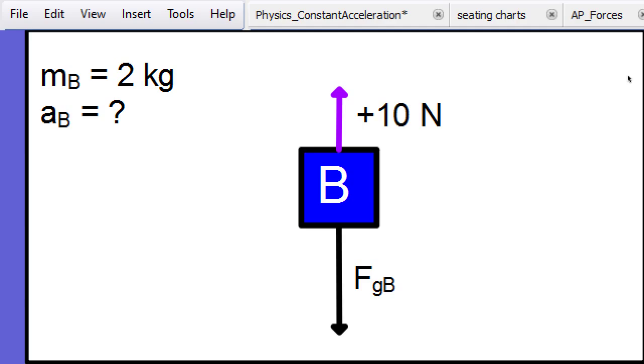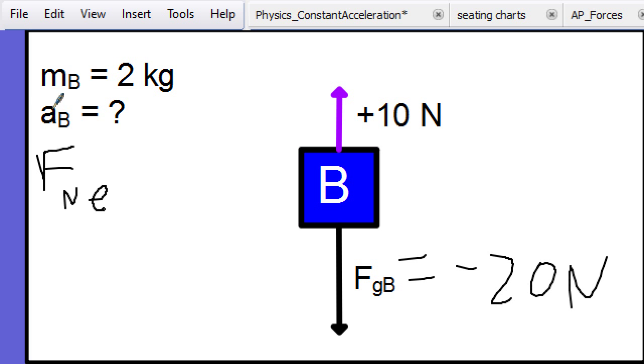Oh, now things are getting complicated. We know from what we just did that the force of gravity is negative 20 newtons. But there's 10 newtons up. Oh no! How do we find the acceleration? Well, first I'd find the net force. What's positive 10 plus negative 20? It's going to be negative 10.